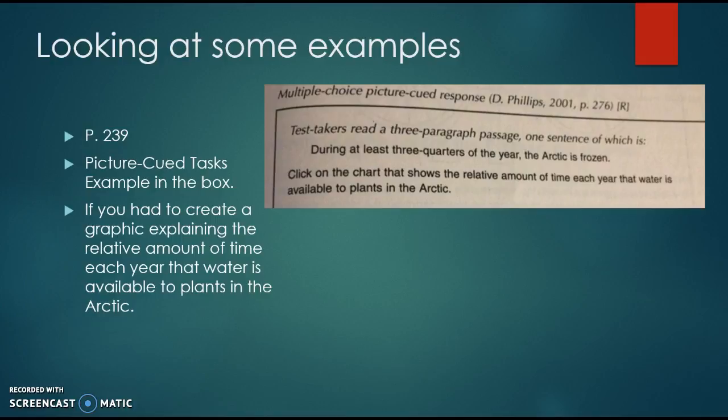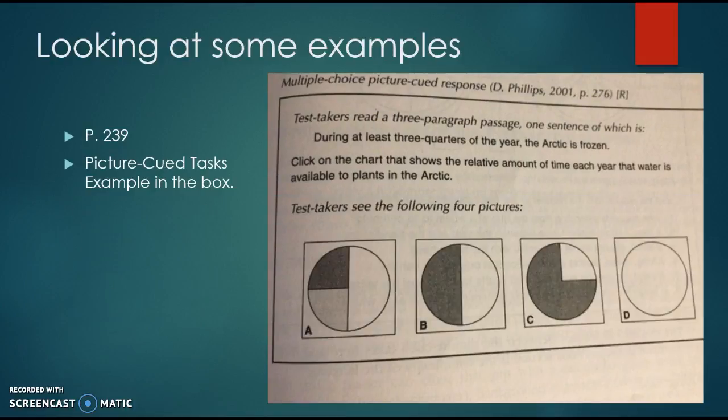For me, if I were to draw the meaning of 3/4 of the year the Arctic is frozen, I would have a circle. 3/4 of it would be ice, and then maybe 1/4 of it would be blue, or maybe green, because that's when the plants could use it, right? But in the example, the only one that seems to be 3/4 is this one.